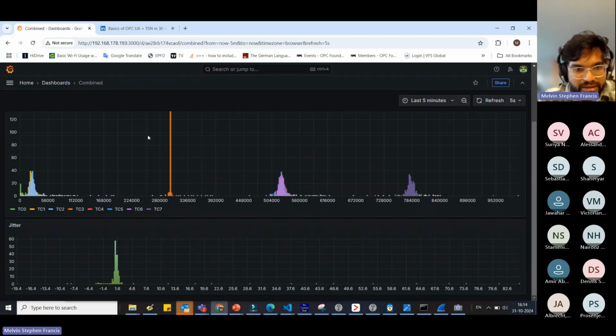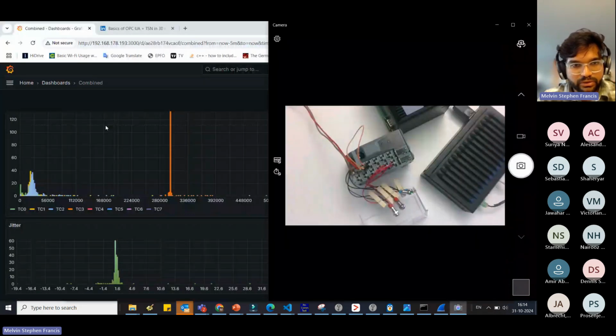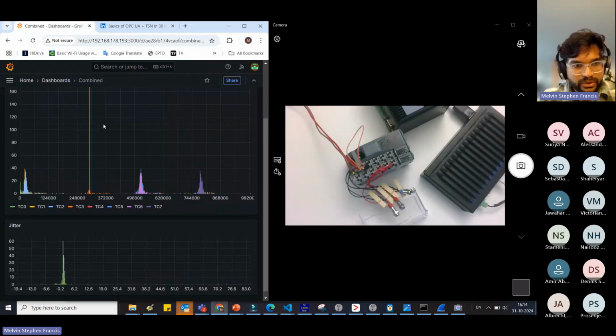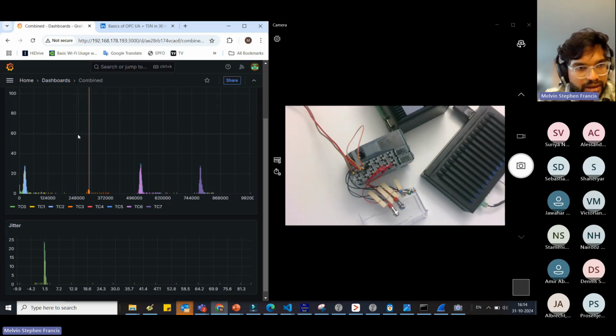You can see this orange line, which is taking the highest priority, is the IO data that is being sent from this particular box. Let me keep the screens side by side so that it would be easy for me to explain. You could see that this particular TQ Systems box is sending the IO signals using the VLAN ID 3.